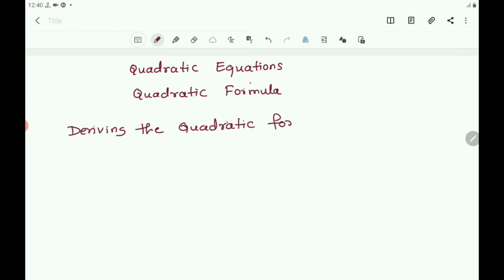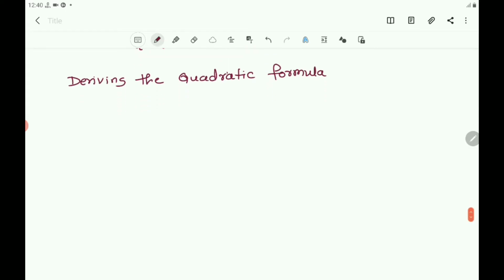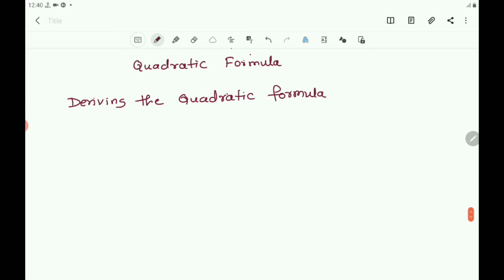Take the quadratic equation ax square plus bx plus c equals 0. Know that it is the standard form of the quadratic equation. Now here we have to complete the square.